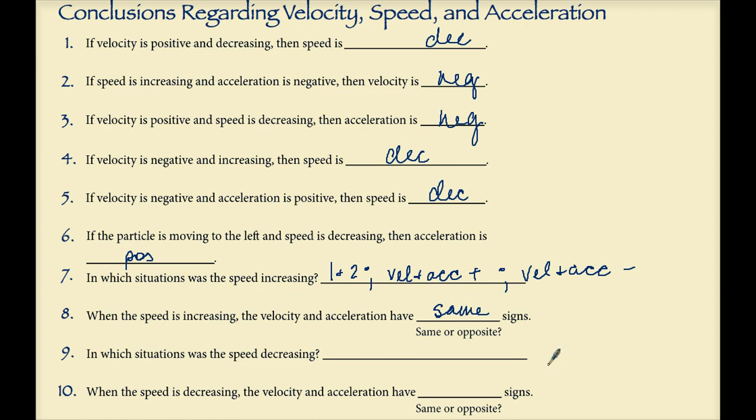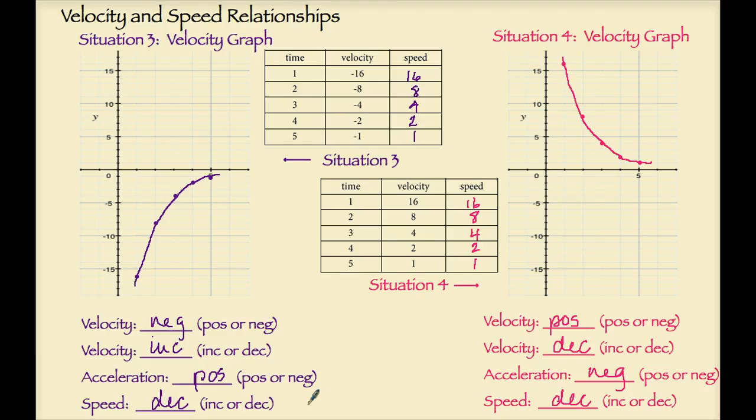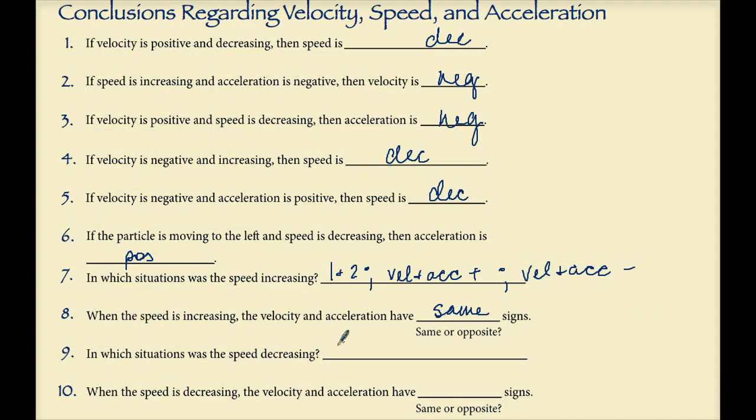In which situations was the speed decreasing? That was in situations 3 and 4, specifically when velocity was negative and acceleration positive, or when velocity was positive and acceleration negative. So 3 and 4, when velocity was positive and acceleration negative, or when velocity was negative and acceleration positive.